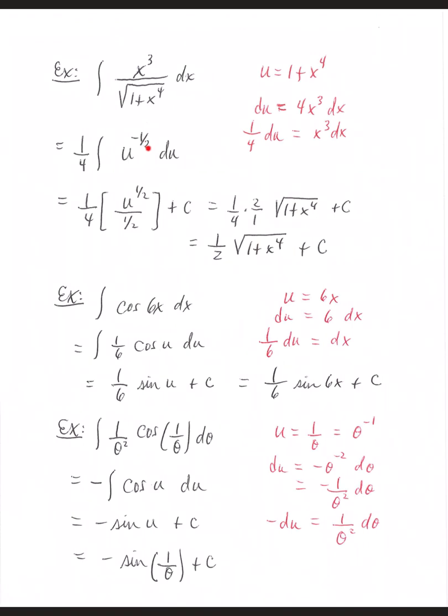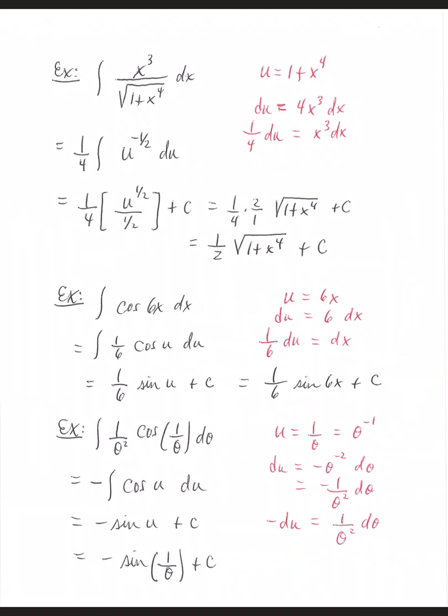Take the antiderivative, add 1, you get a half, divide by the result. 1/4 times 2 over 1, square root of 1 plus x to the fourth, plus c. So that gives us 1/2 square root of 1 plus x to the fourth plus c.